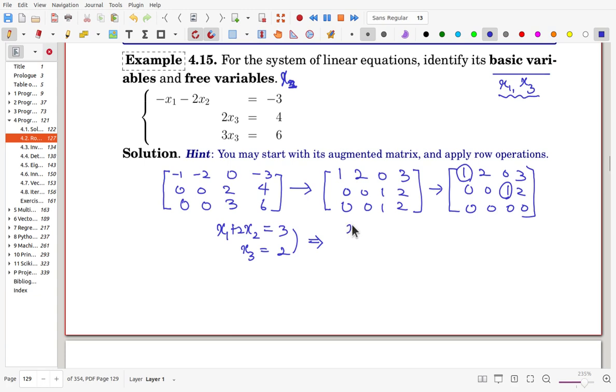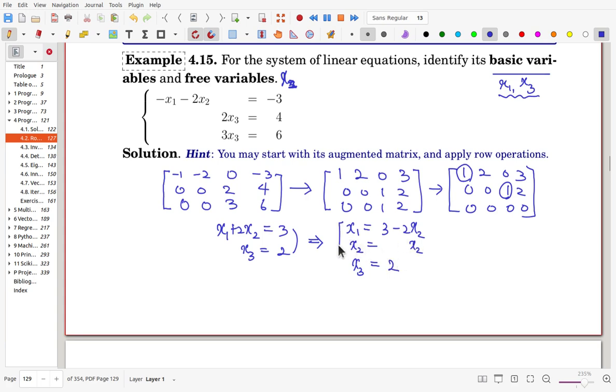So x1 equals 3 minus 2x2. Now we also have to find a value for x2. There's no equation for that one, so we may write x2 is x2. It's always true, so it's okay. Now how about x3? That is 2.